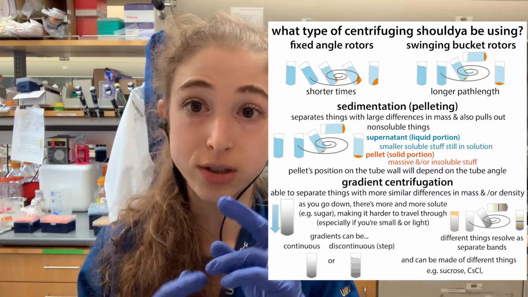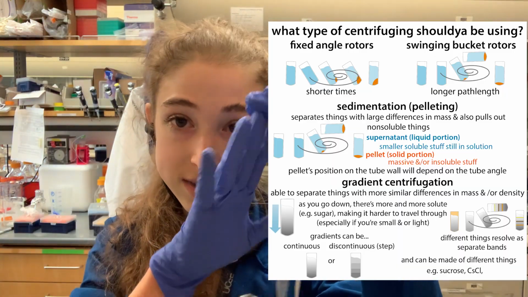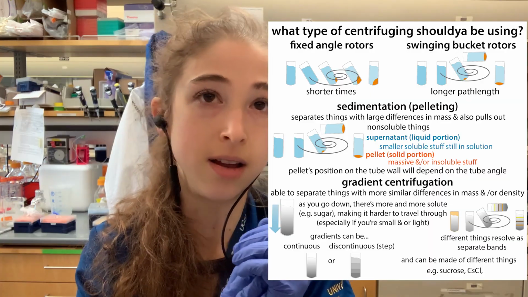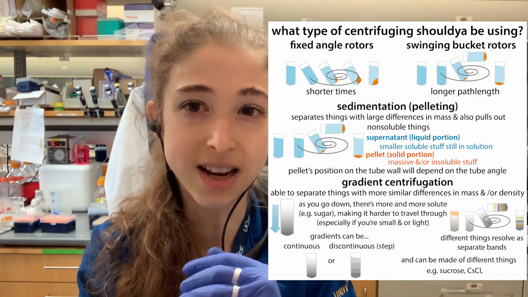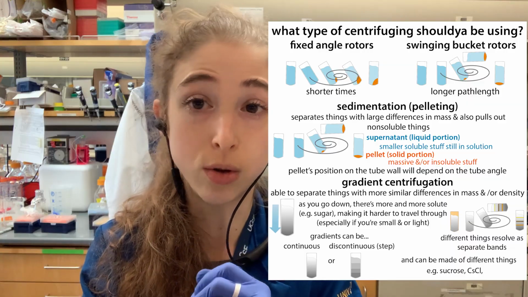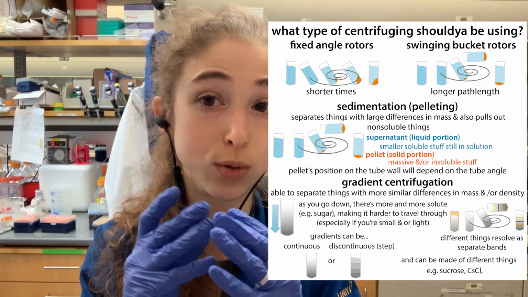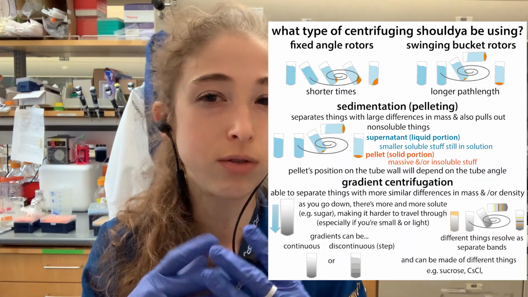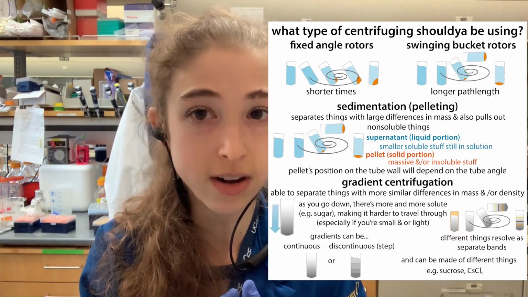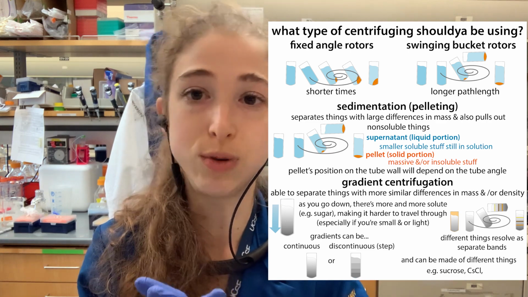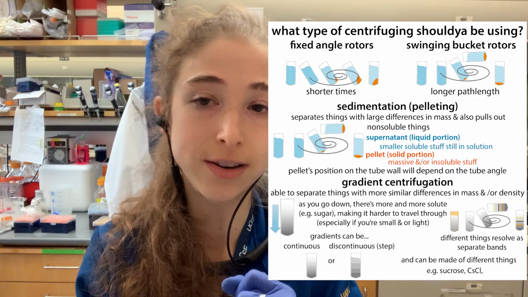But when you want to pellet out or separate different proteins, different complexes, different organelles inside of cells, then we turn to going faster with the ultracentrifuge and using some sort of gradient. Rather than just going through whatever buffer it's in, it's going through a gradient, maybe a sucrose gradient or a cesium chloride gradient, which will separate things out better.